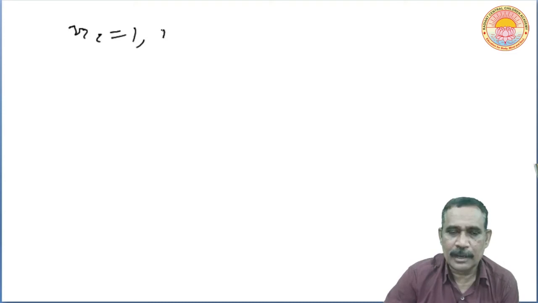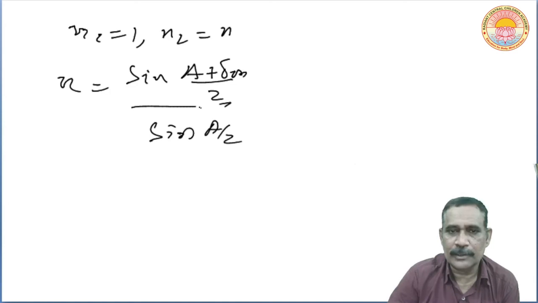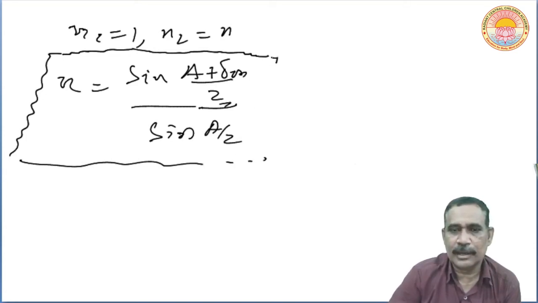Since n1 is the refractive index of air, n1 is 1, and n2 is the refractive index of the prism, n2 equals n. Therefore n equals sin (A plus delta M) by 2 whole upon sin A by 2. With the help of this formula, we can calculate the refractive index of the prism.